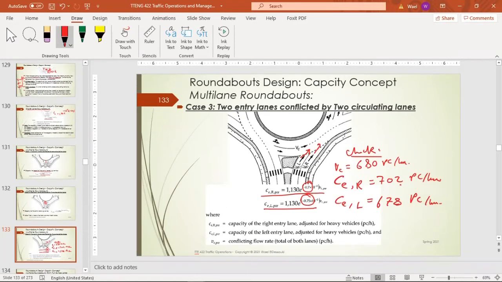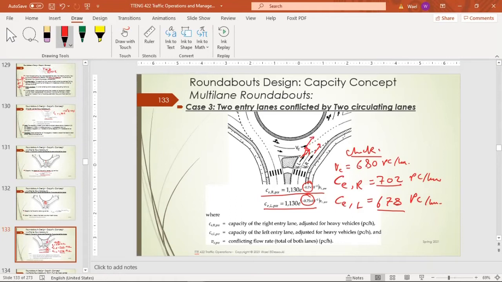Okay, can someone tell me why this one is higher than this one? Some reasoning for this? Okay, the traffic in the left lane wants to have a gap here and have a gap here.